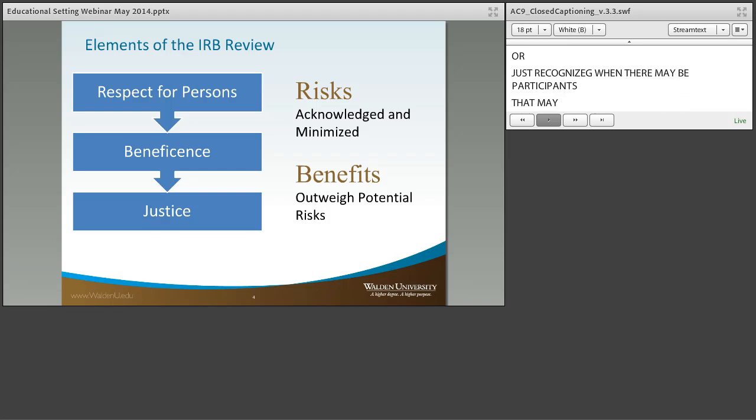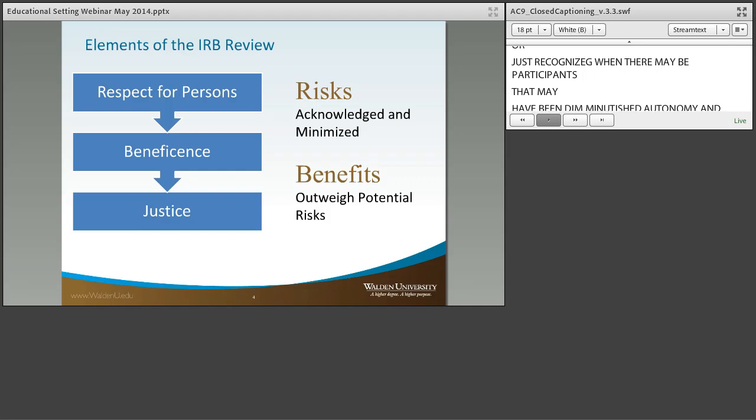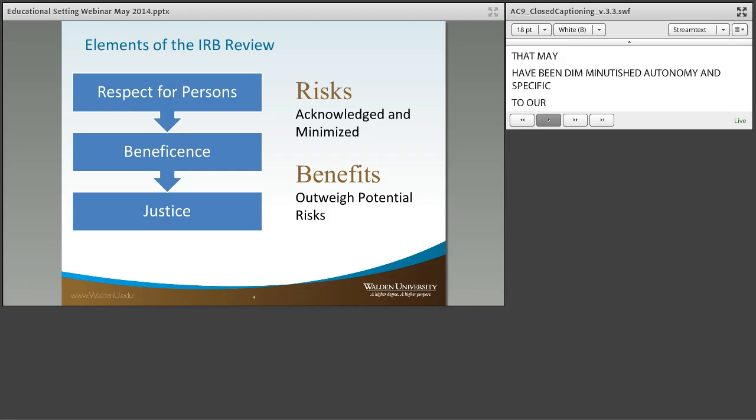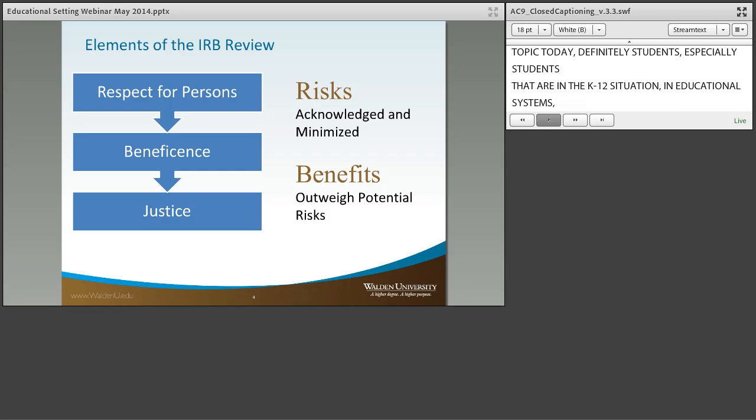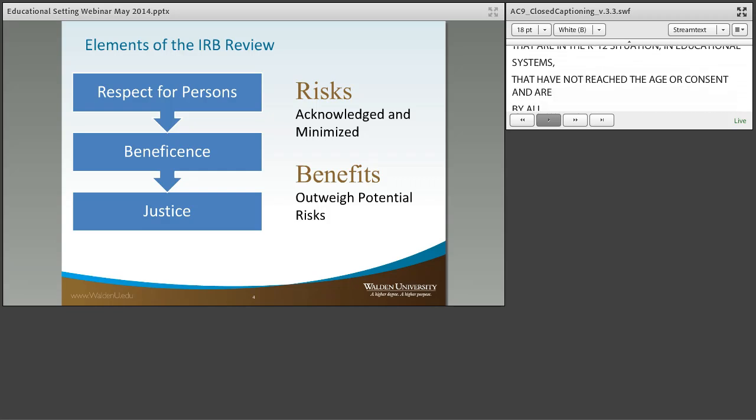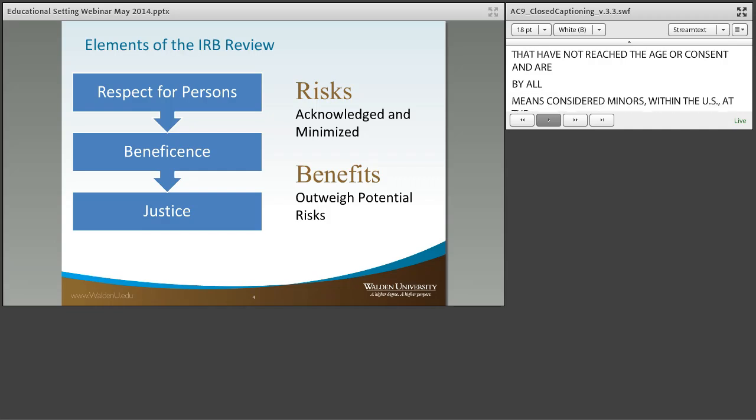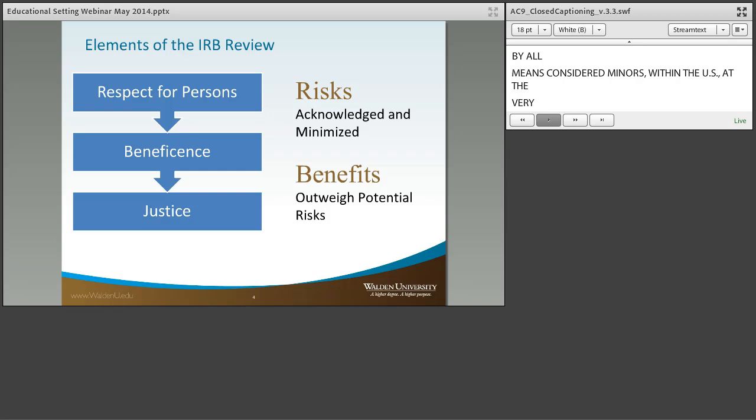And specific to our topic today, definitely students, especially students that are in the K-12 situation, educational systems that have not reached the age of consent and are by all means considered minors within the U.S. at the very least. There are different aspects that we need to consider when a study involves those populations.